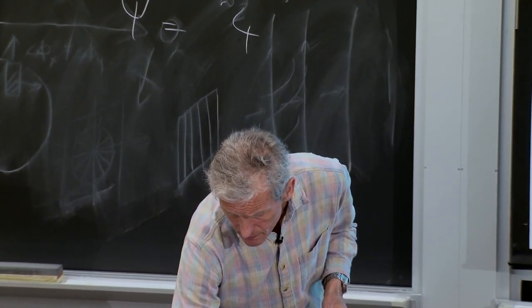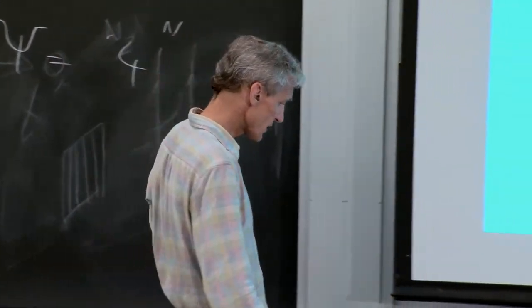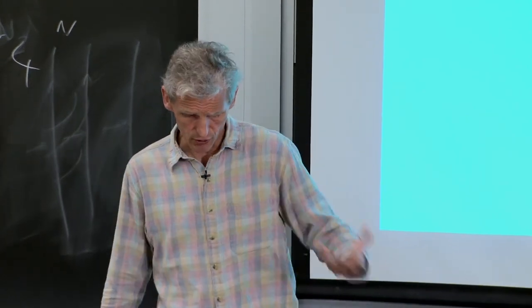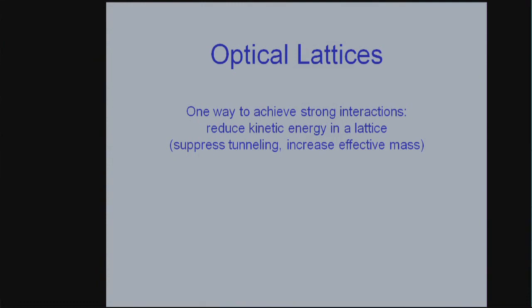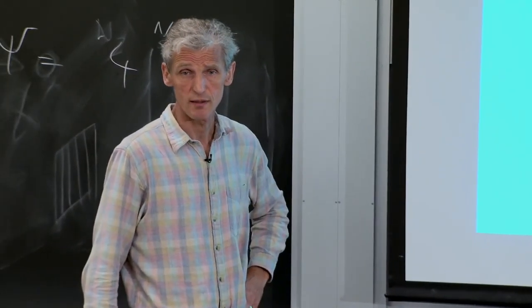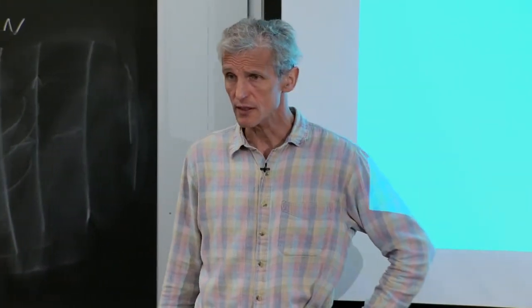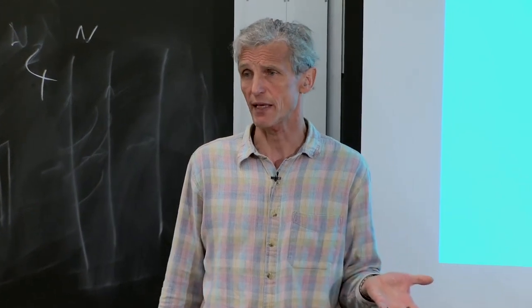Okay, so we've talked about Bose-Einstein condensates in a homogeneous system, just to lay the groundwork. We've talked about Bose-Einstein condensates in traps in an inhomogeneous system. Now we want to talk about Bose-Einstein condensates in optical lattices. Well, there are two reasons why we want to do that. One is we want to use the Bose-Einstein condensate to obtain deeper insight into the properties of matter.